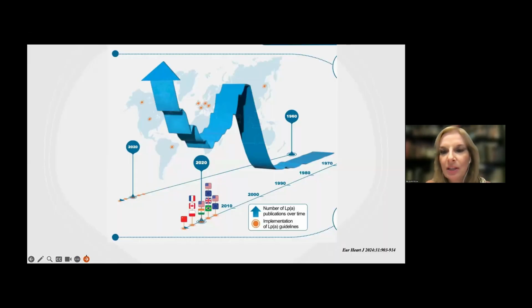Here you can appreciate the course of research interest since the discovery of LPA in 1960. You see a flat line, then a blast-off in research interest, and lipoprotein A has gained attention from the research community with an increasing number of publications over time.